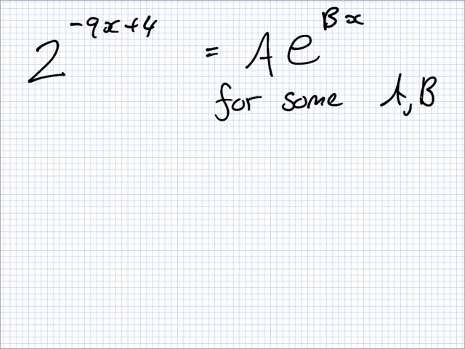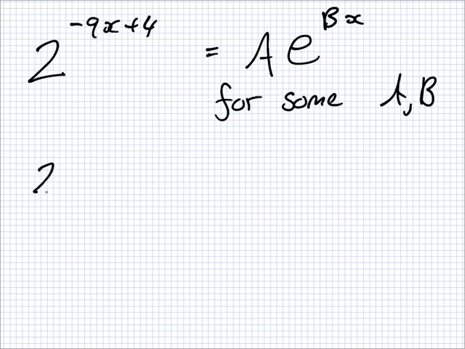Now, you might wonder why you would want to rewrite it. It's actually quite useful to have things written in this form when possible instead of this form here. So the question is, how can we write this on the left in the form of the right?